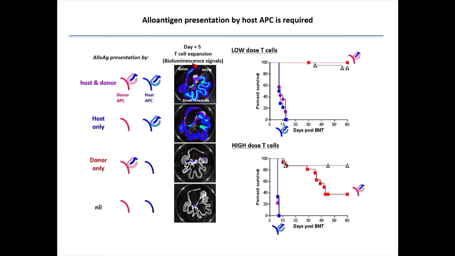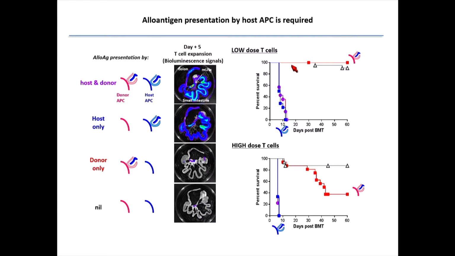As you can see, the T cell expansion is quite equivalent between the host and donor antigen presenting group and the host antigen presentation only group. However, with the donor antigen presentation only group, they can't expand well. And the GVHD shows a quite similar direction.